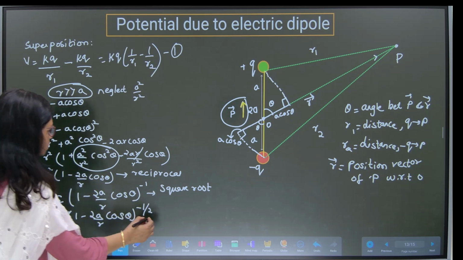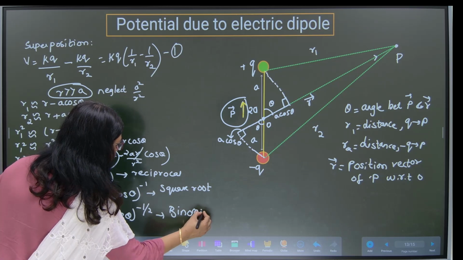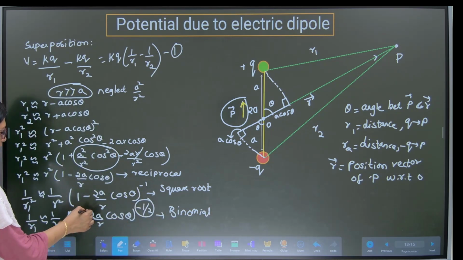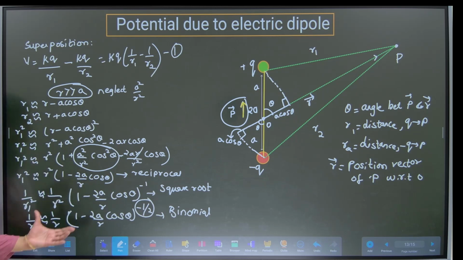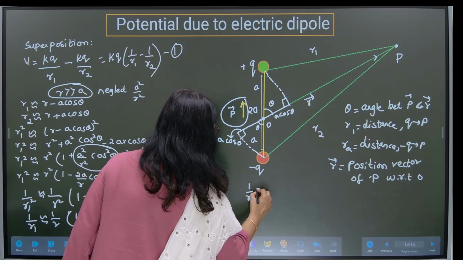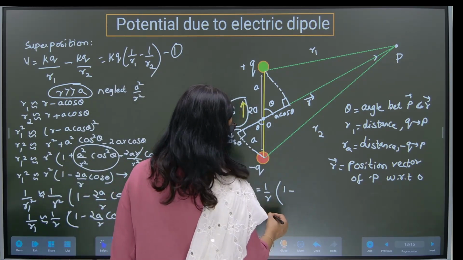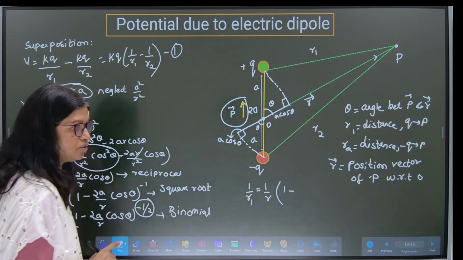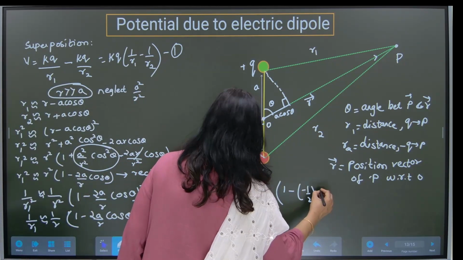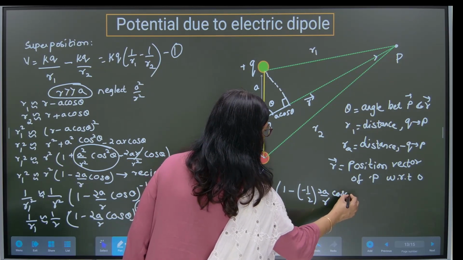Now I use binomial expansion, where this power can be multiplied in the center of the term, and I get 1 upon R1 is equal to 1 upon R times 1 minus negative half times 2a upon R cos theta.